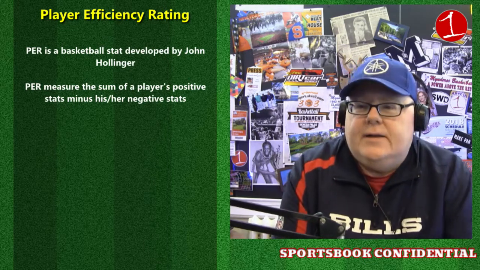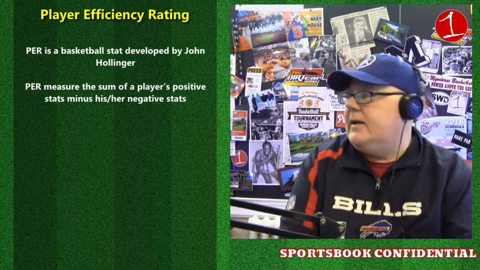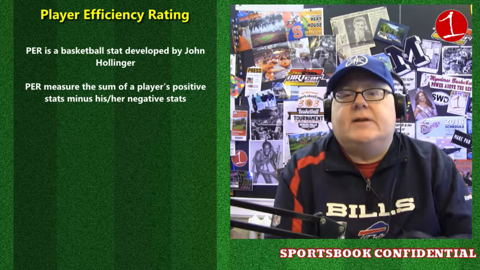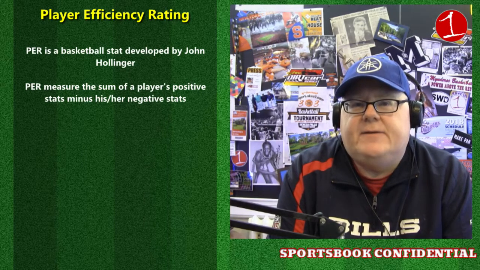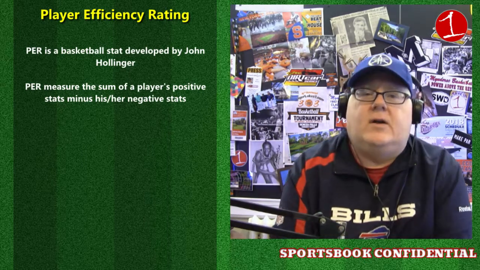The formula is actually rather complicated. You can go on basketballreference.com, and they have a whole page there dedicated to exactly how it's formulated. It's got about 15 lines of pluses and minuses involved.